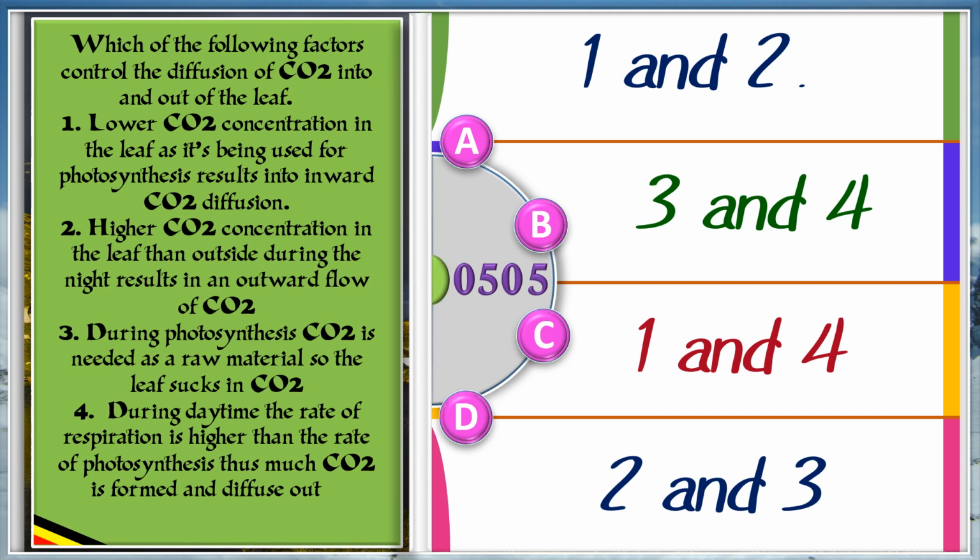Lower carbon dioxide concentration in the leaf as it is being used for photosynthesis results in inward carbon dioxide diffusion. And 2. Higher carbon dioxide concentration in the leaf than outside during the night results in an outward flow of carbon dioxide.